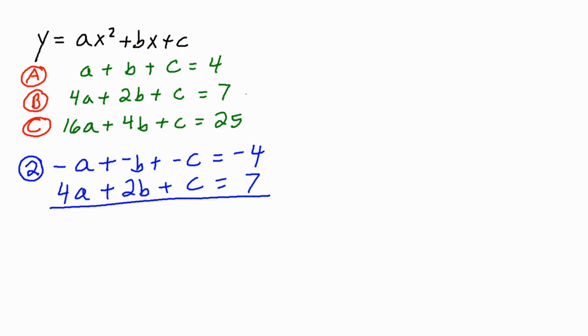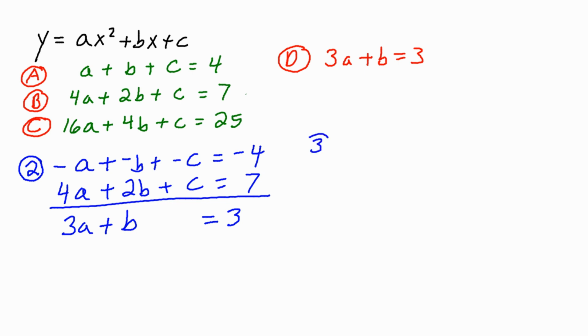When I add that, negative a plus 4a is 3a, negative b plus 2b is a positive b, the c's cancel, and negative 4 plus 7 is 3. So that's going to be our equation D.